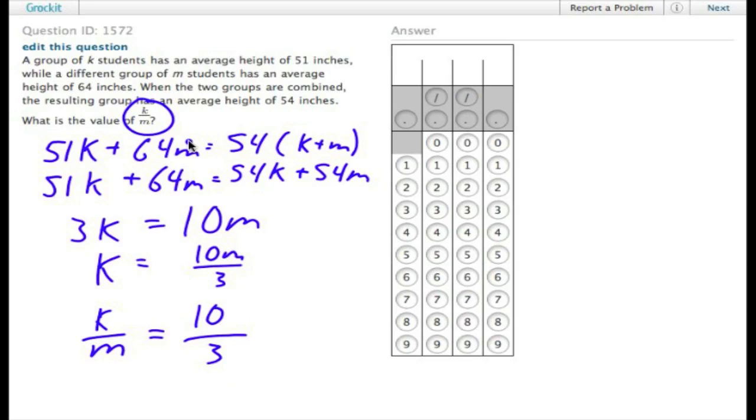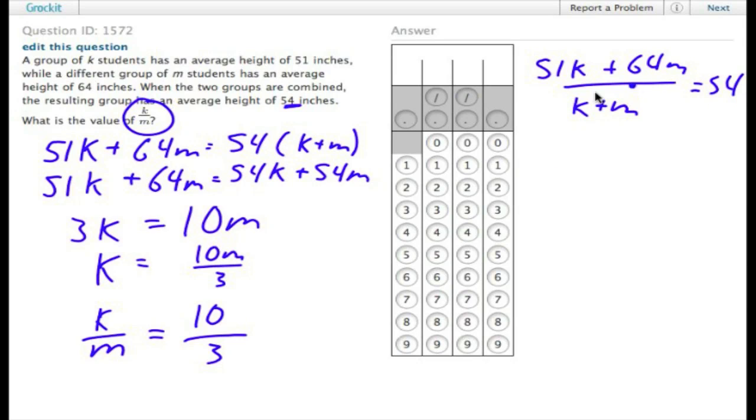It might be a little bit hard to know where you're supposed to go at the very beginning of this, but since we know the average height of the group, we can figure out K and M in relation to each other based on that information if we plug it into that initial equation of 51K plus 64M over K plus M equals 54.